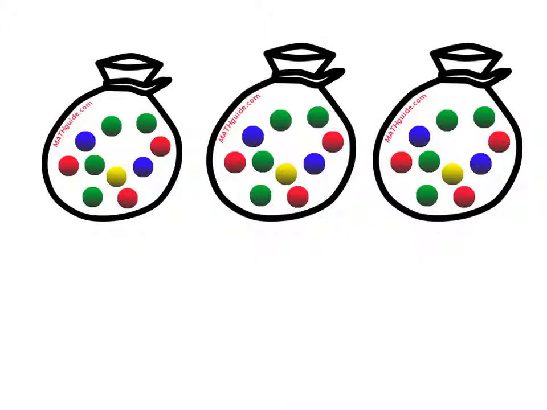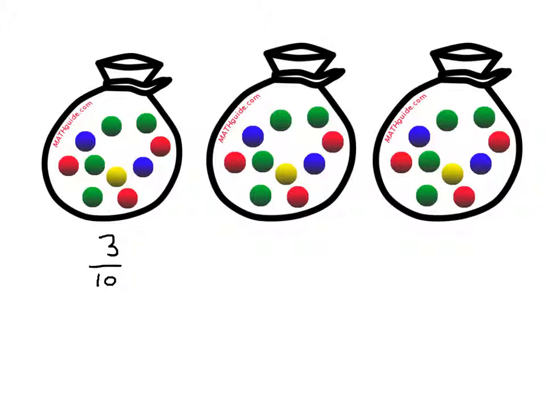But what if we didn't replace the marbles? What if I said, okay, I'm going to pull the red. So what are the odds of pulling red and then another red and then another red, and we're not replacing those marbles. So the odds of red on the first one are 3/10 because there are 3 reds out of 10 total marbles.